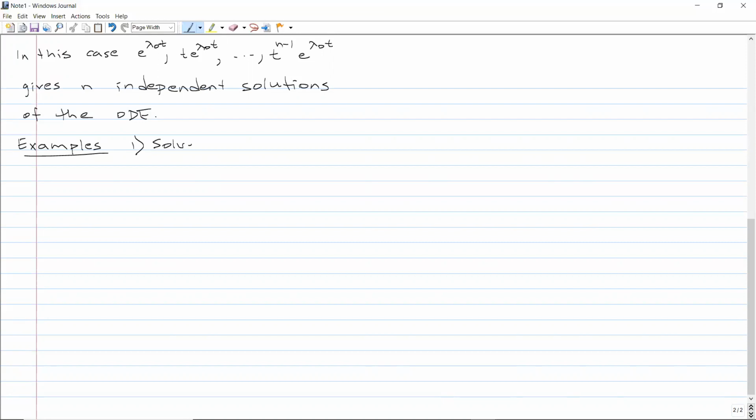Solve the initial value problem: second derivative of y minus 2 times the first derivative of y plus y equal to 0, and the initial conditions are y(0) equals 1 and y'(0) equals minus 1.